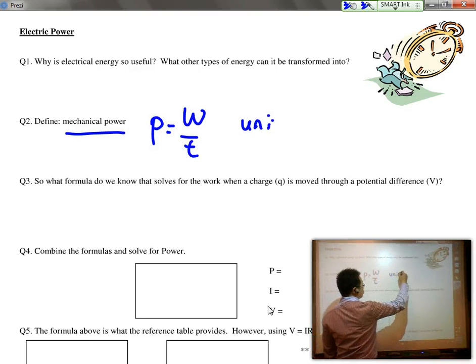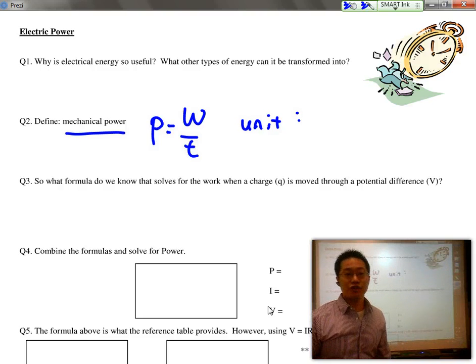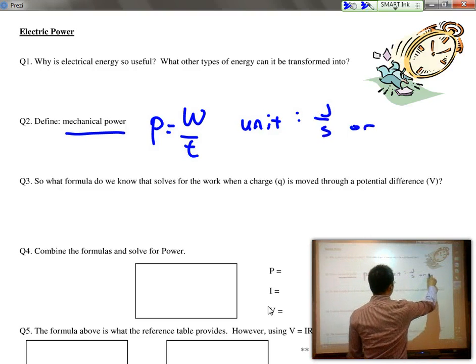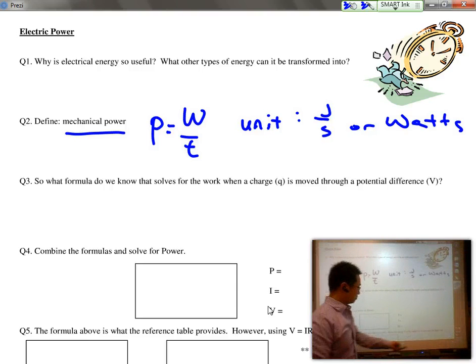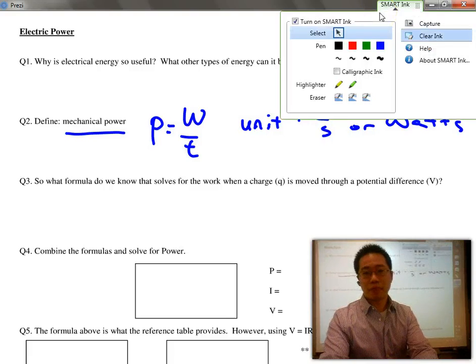And the unit we're going to use for electrical power, or for electrical energy also, is going to be joules per second, or watts. Okay? So we are going to deal with our original formula.